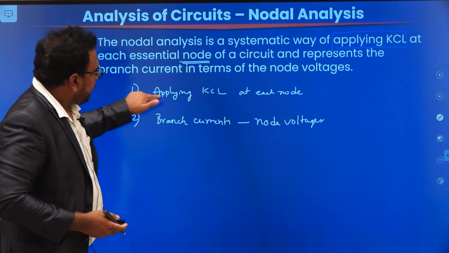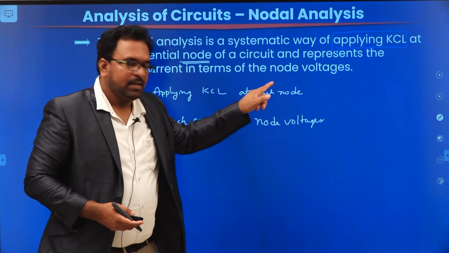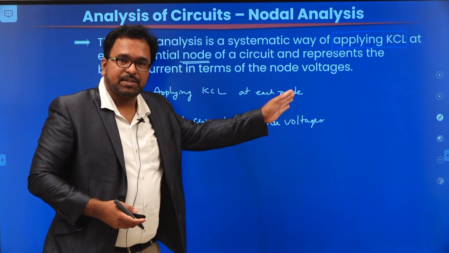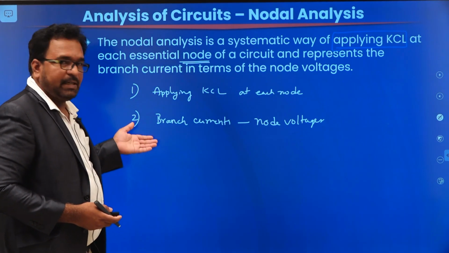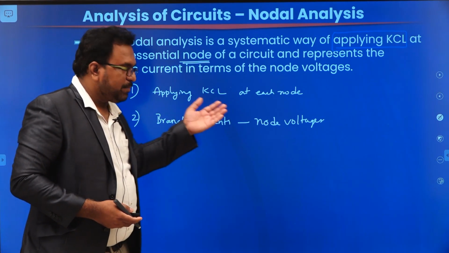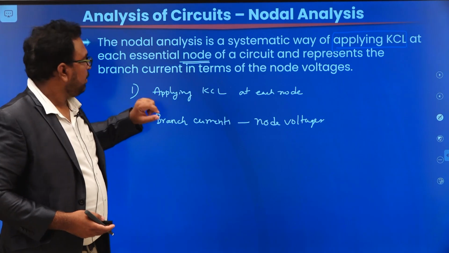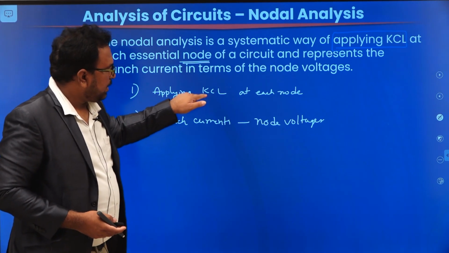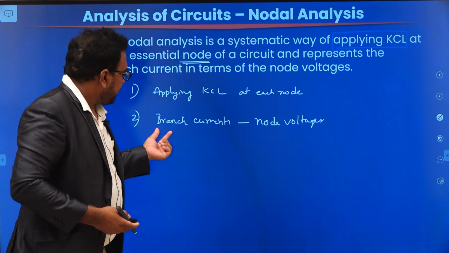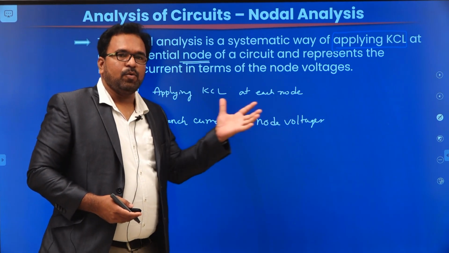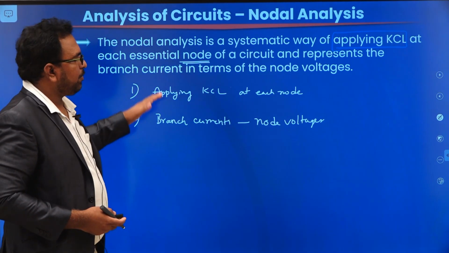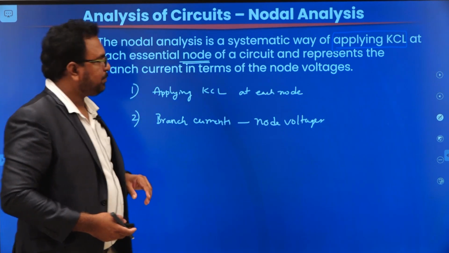In mesh analysis, we apply KVL around each mesh, and we represent the branch voltages in terms of mesh currents. But in nodal analysis, we apply KCL at each node and represent each branch current in terms of node voltages. That's what you have to remember.